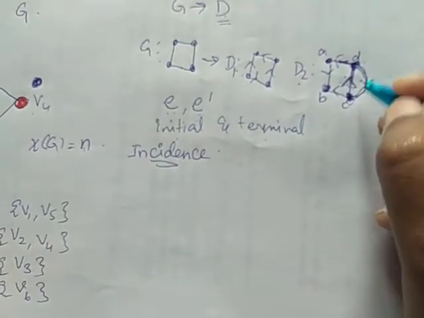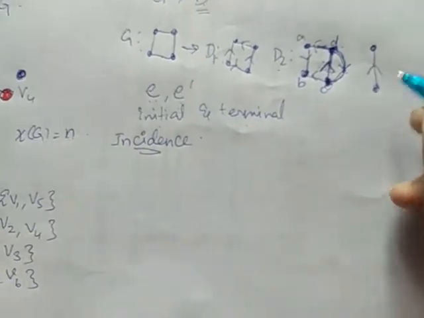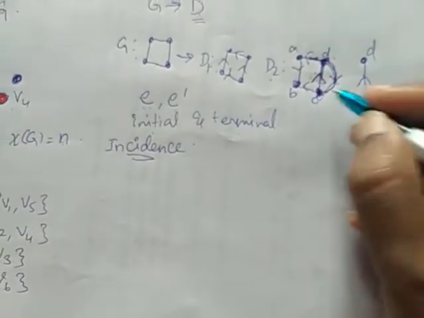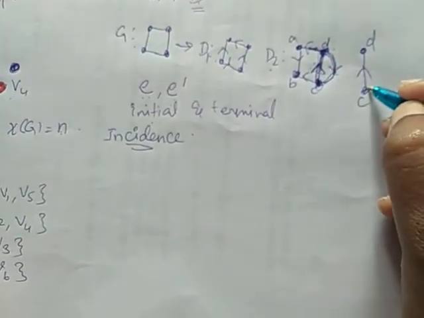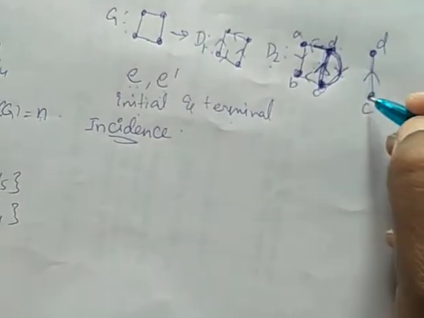So we consider this. Here we have D and E. This is C, this is D. I am considering this edge. Here we have two vertices and an edge.